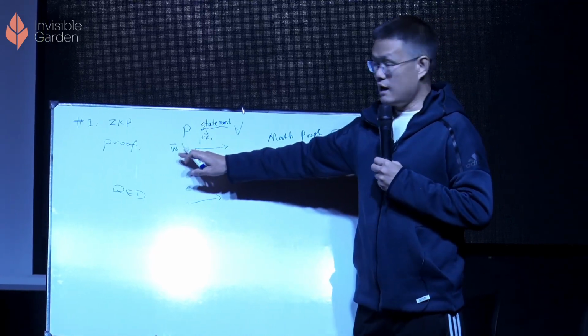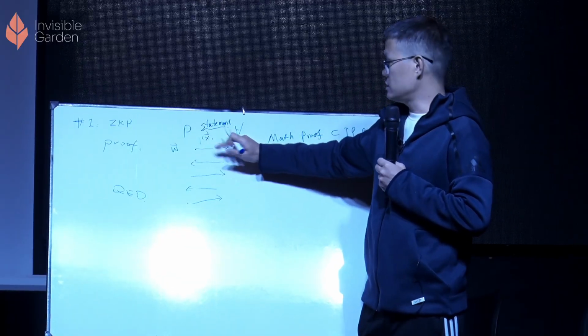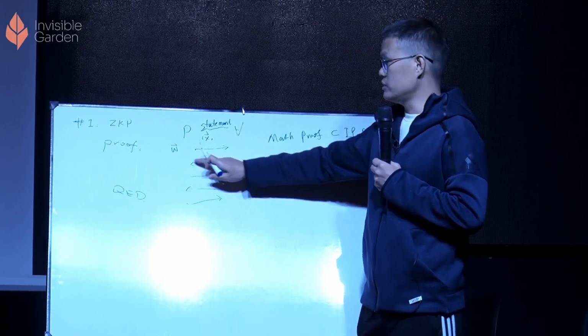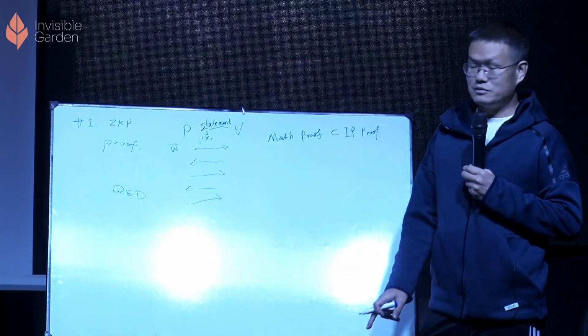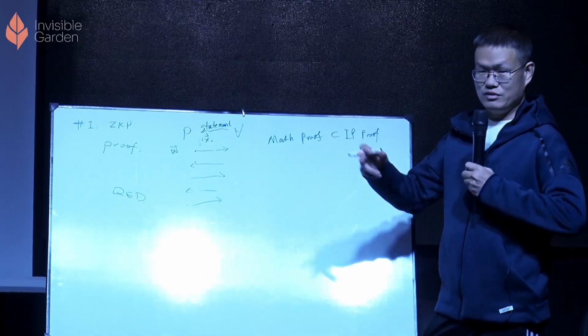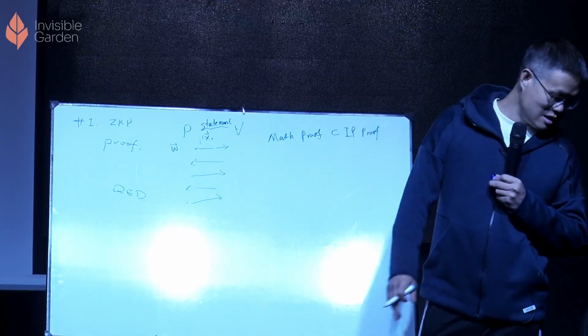So the prover will have x as public input, and a witness. Witness means secret, something the prover doesn't want known by others, including the verifier.